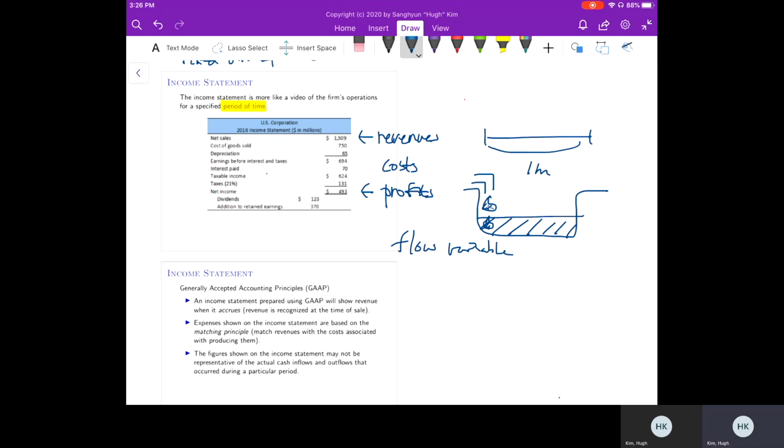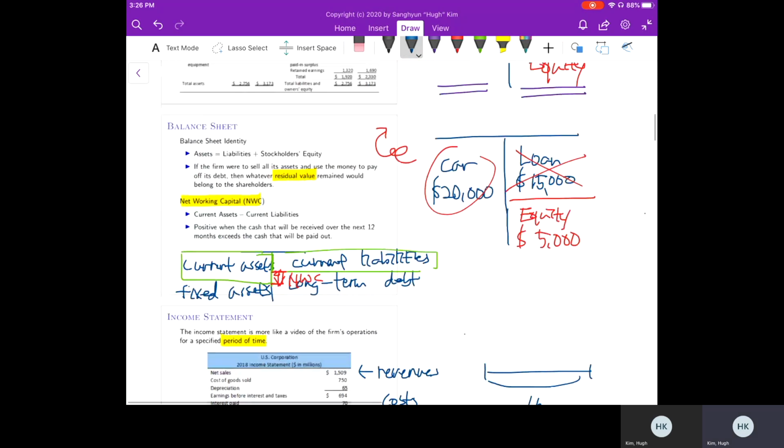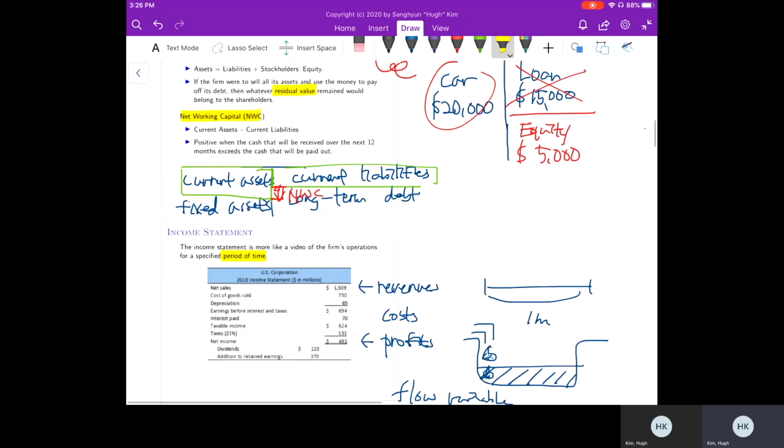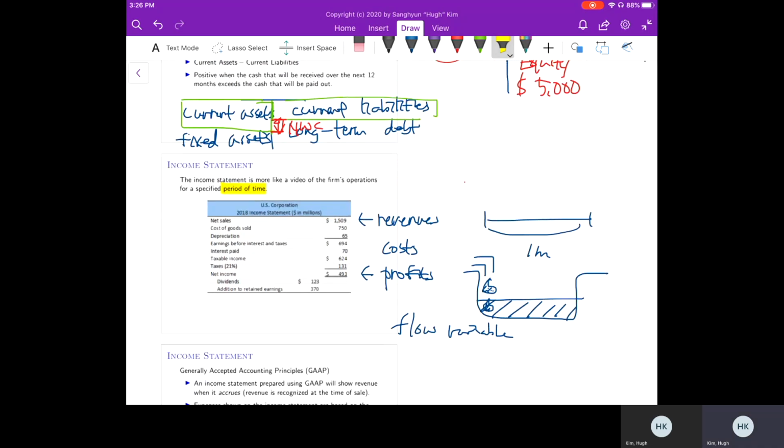In contrast, the variables that you see on the balance sheet are called stock variables. So it represents the stock of something at some point in time. So in the bathtub example, a stock variable would measure the stock of water that is in the bathtub at some point in time, let's say at this point.